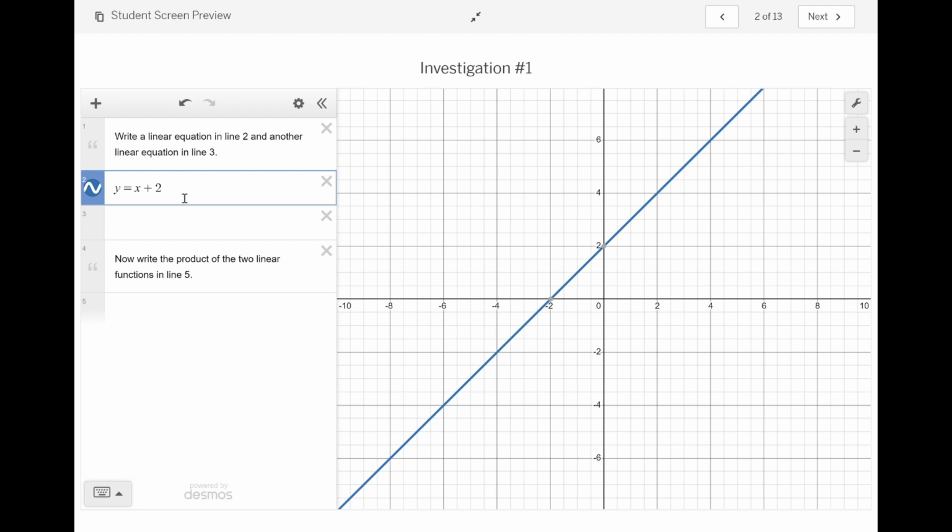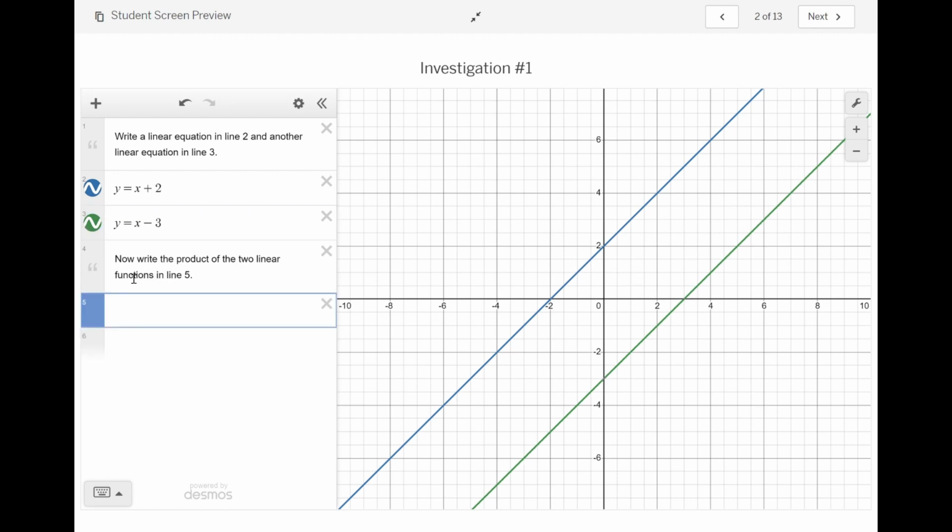Here's my line y equals x plus 2. Okay, it wants us to come up with another one, so let's just come up with something random. What about y equals x minus 3? Okay, I just created two lines. The blue one is y equals x plus 2. The green one is y equals x minus 3.